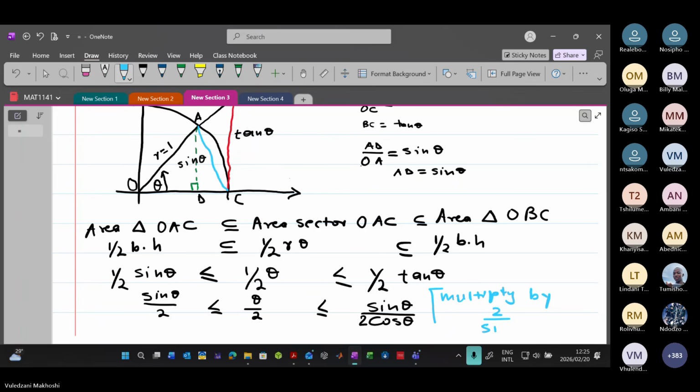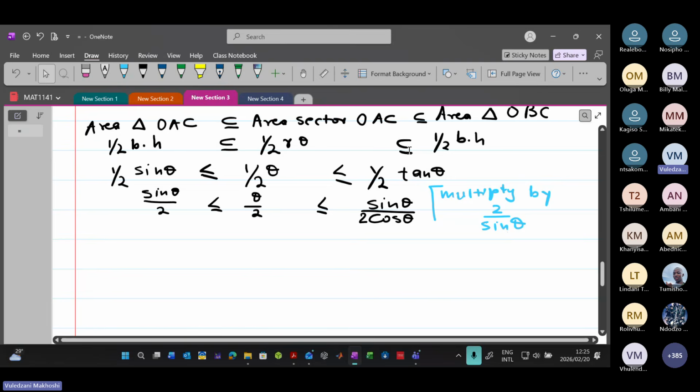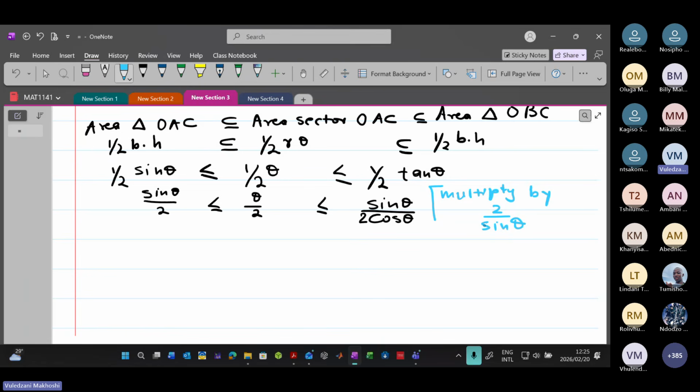You multiply the left side and you get a 1, which is less or equal to theta over sine theta, since the 2s cancel, which is less or equal to 1 over cos theta, as sine theta cancels.